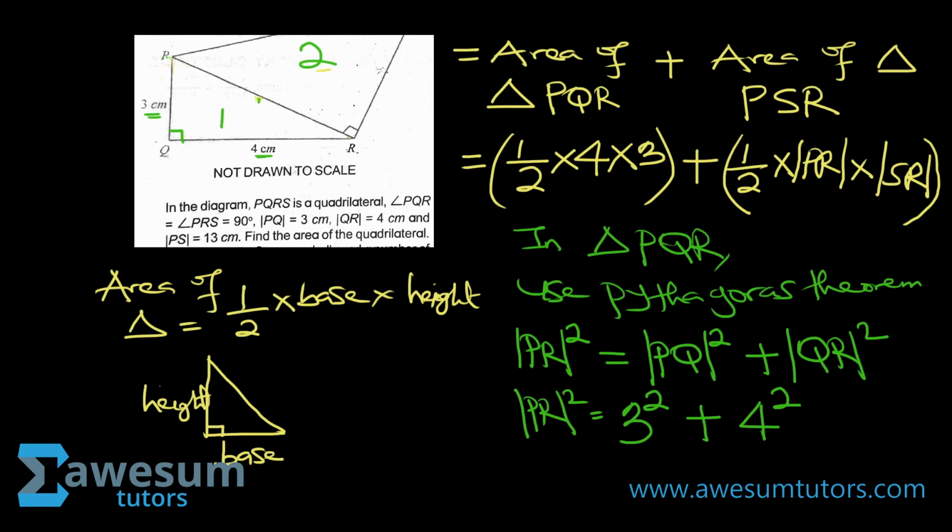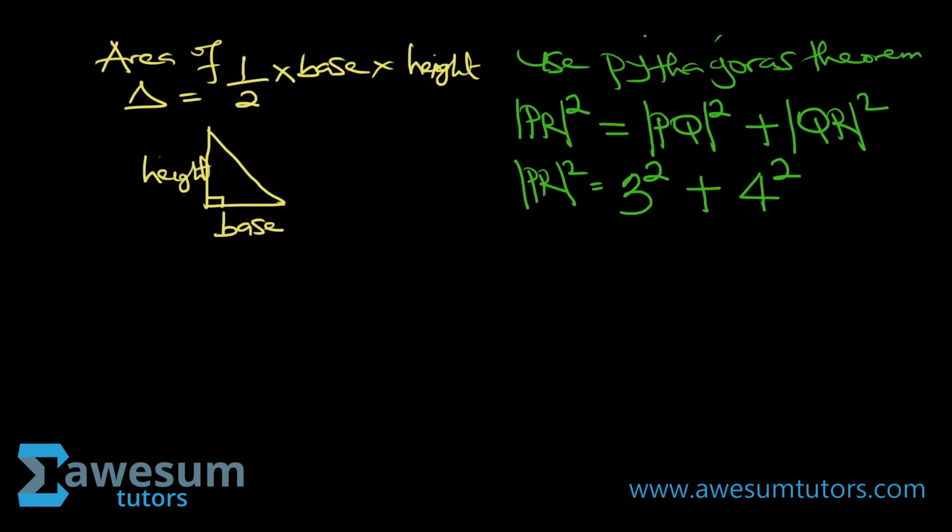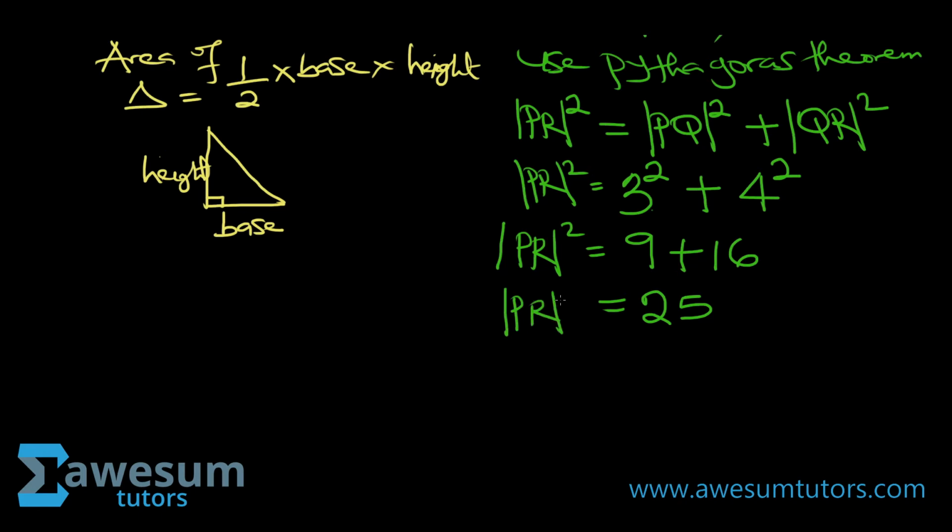Very good, guys. We are getting somewhere right here. So I'll have PR squared equals 3 squared, which means 3 times 3, that is 9, plus 4 squared, which means 4 times 4, that is 16. So now I have 25. 9 plus 16 is 25, okay? PR squared equals 25. For you to find PR, you take the square root of both sides.